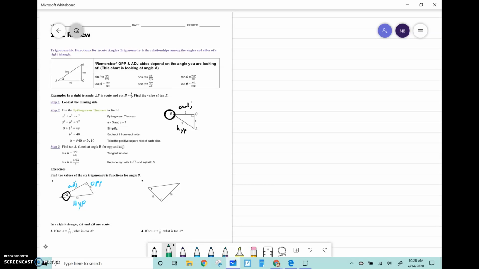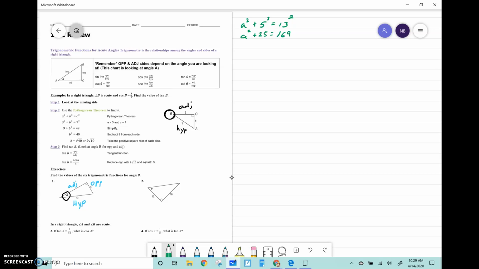So we'll go ahead and plug in our numbers as a squared plus 5 squared equals 13 squared. You use your calculator and you find out that a squared plus 25 equals 169.